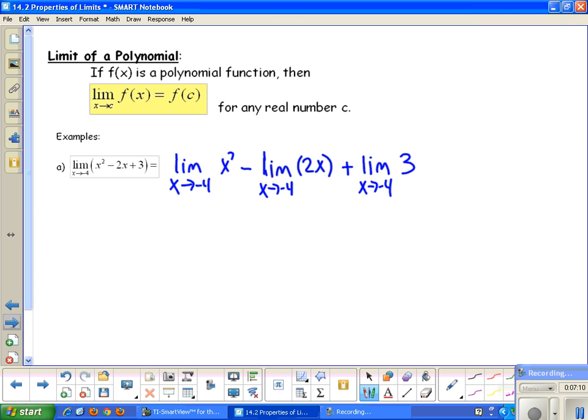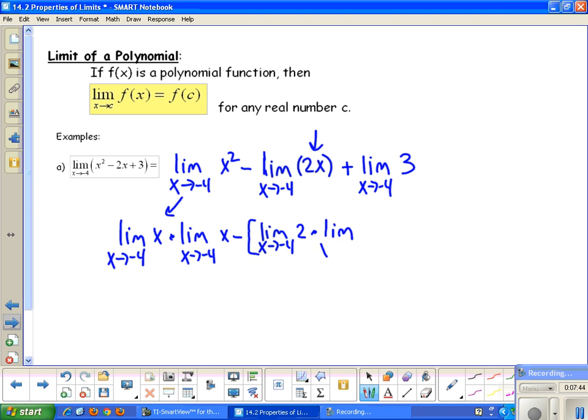And then we're not done, because x squared we can make x times x, so I can separate that into the limit as x approaches -4 of x, multiplied by the limit as x approaches -4 of x, and then minus, and we can do the 2x by multiplication too, so I'll put it in parentheses, the limit as x approaches -4 of 2 times the limit as x approaches -4 of x, plus the limit as x approaches -4 of 3.